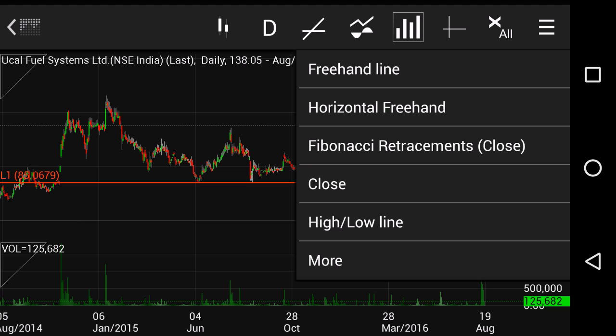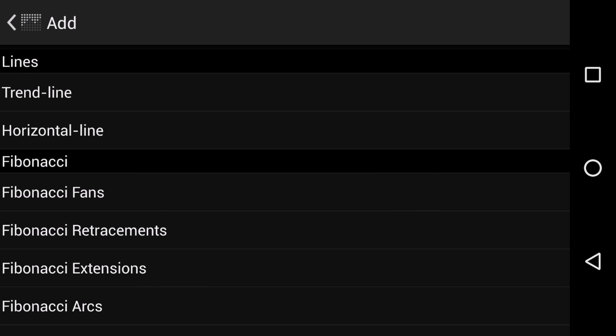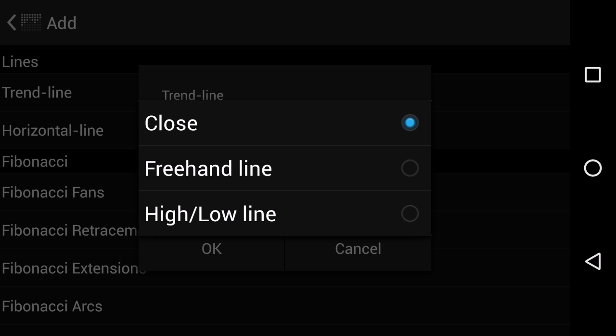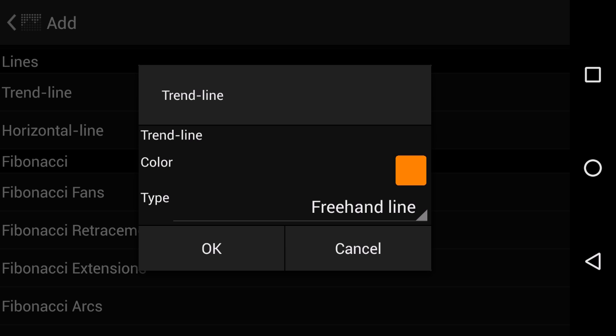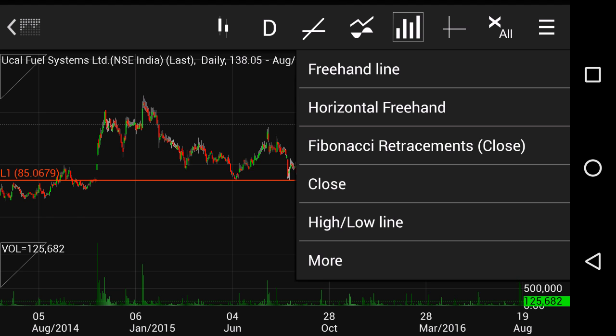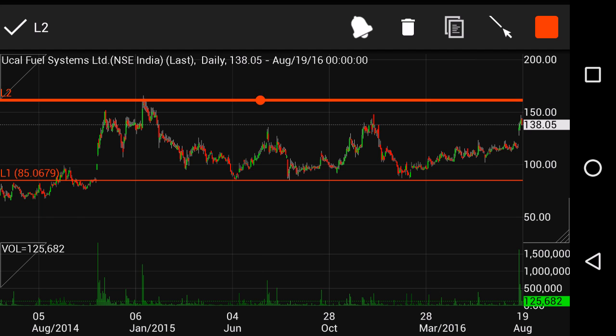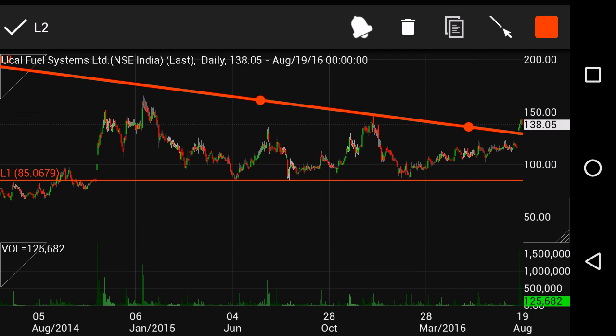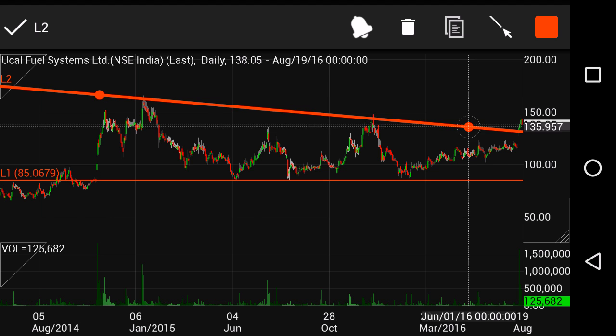To draw a freehand trend line, you have to go to more trend line, freehand line. Okay, so you go here, there will be an option for freehand line, take it here, and then with a single click you can expand it.